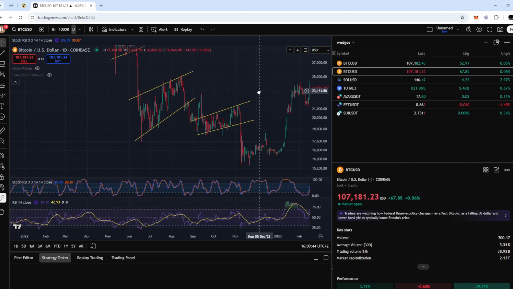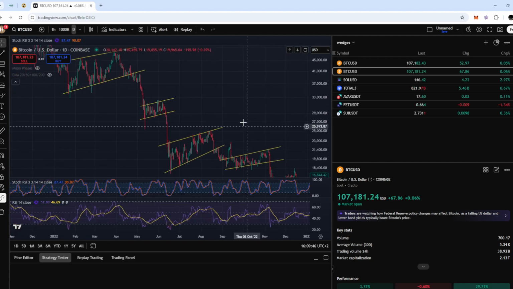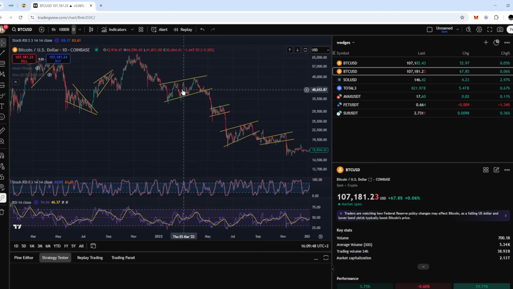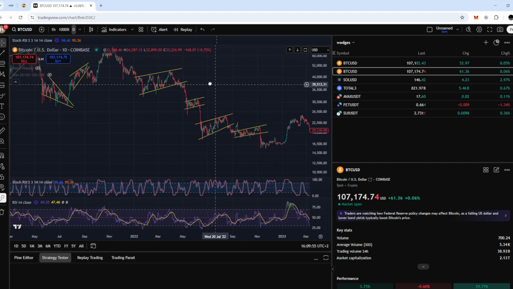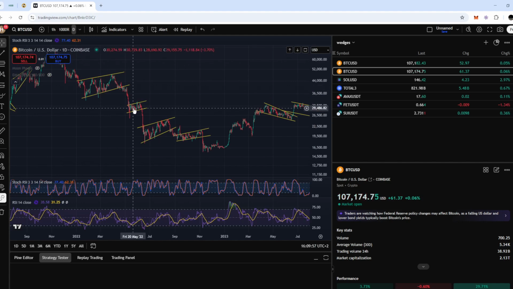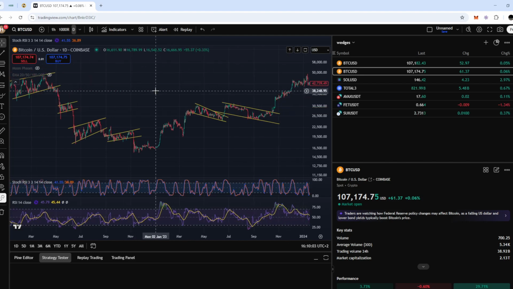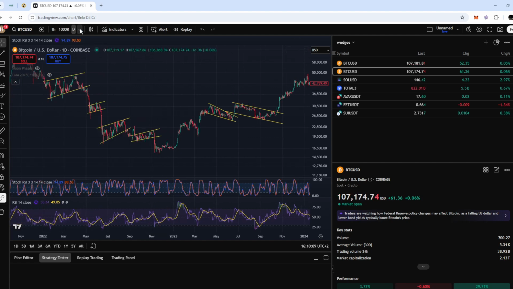Okay, so this was the whole bearish movement basically since the bear market, the 2021 top we had here. You can clearly see we had 4 of these patterns. So that's why I'm saying these are very important to recognize, and you want to be able to spot these on the chart to not be caught off guard.